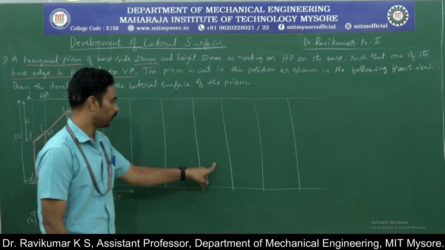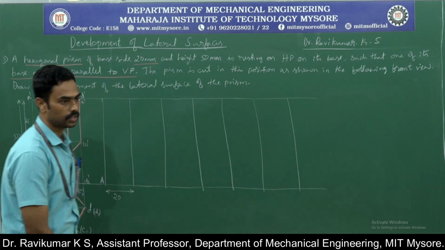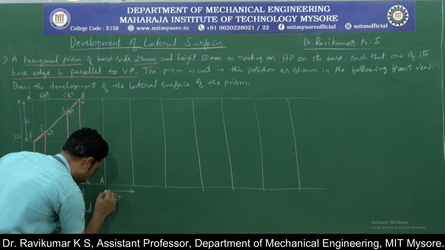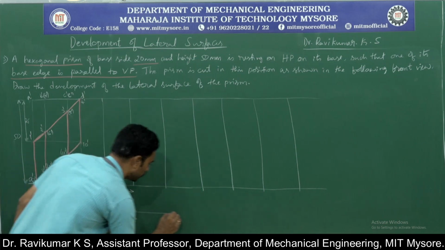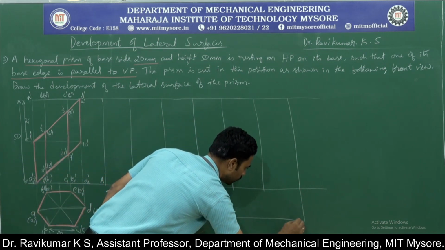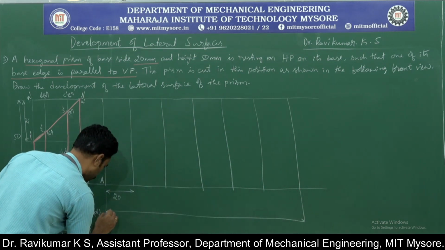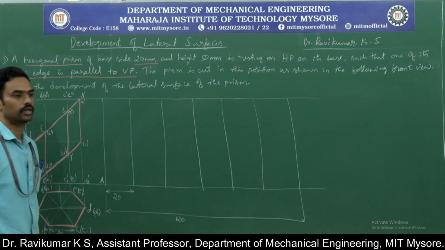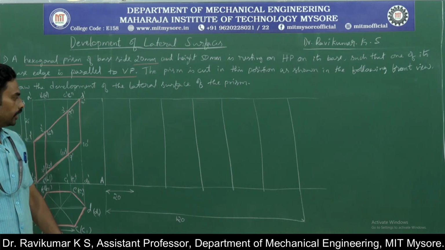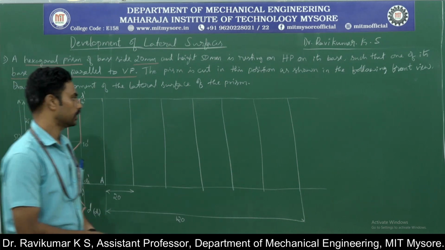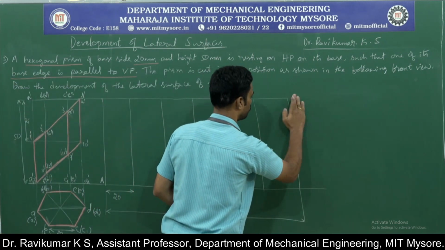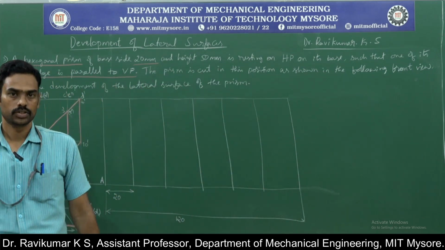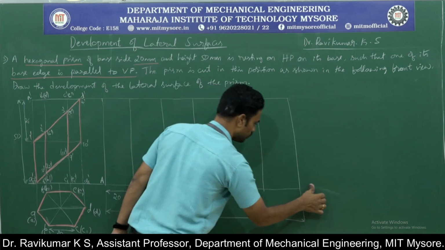So 6 into 20, from here to here, is 120. Okay, you need to write something like this. Now just erase the remaining portion because the figure should look beautiful.